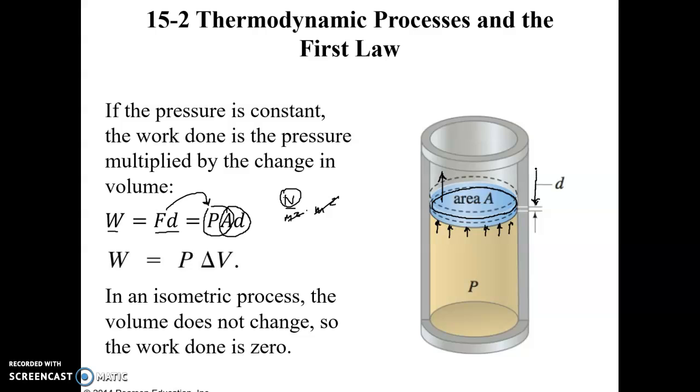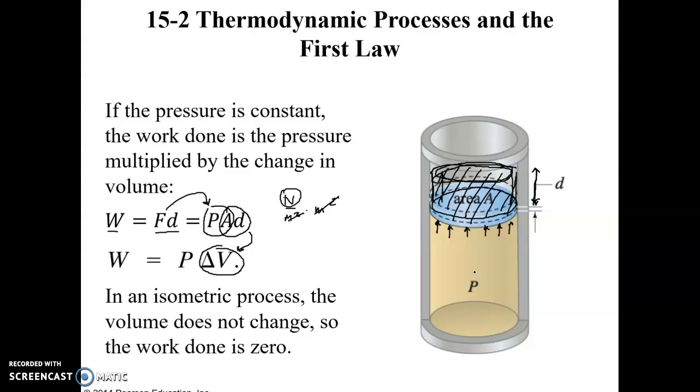Let's say this distance comes up to here. To illustrate this a little bit better, although my illustration is not very good, I'm trying to draw an ellipse there to represent the top of the cylinder, we end up with this cylinder that has a volume that is equal to area times D. So AD we can rewrite as volume, or the change in volume.